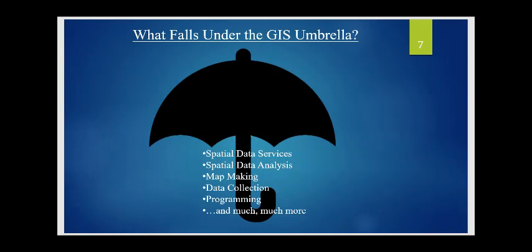With the 6 parts of a GIS working together, those capabilities fall under the umbrella of GIS. Capabilities such as spatial data services, spatial data analysis, map making, data collection, programming, and much more. As will be discussed throughout these first modules, GIS can truly be applied to any situation at any location.